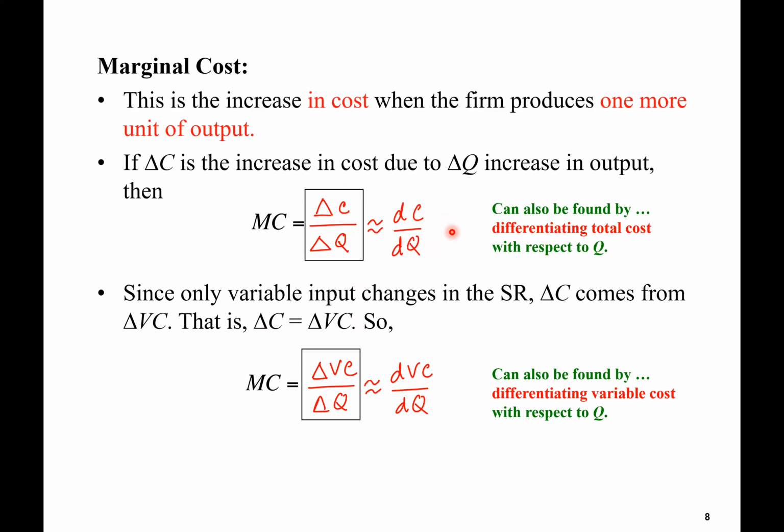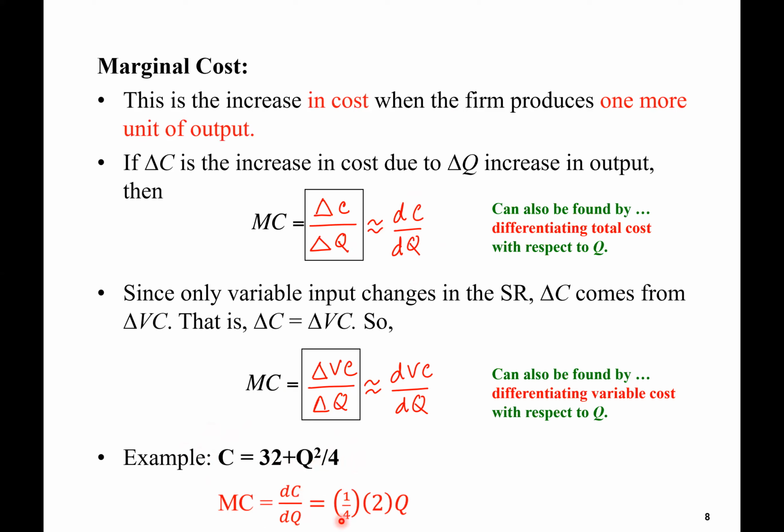So let me give an example based on the first one, differentiating the cost with respect to output. Suppose the total cost function is given by this equation, which we derived on the previous slide: C equals 32 plus Q squared divided by 4. Based on this cost function, to find the marginal cost, we differentiate this cost with respect to output.